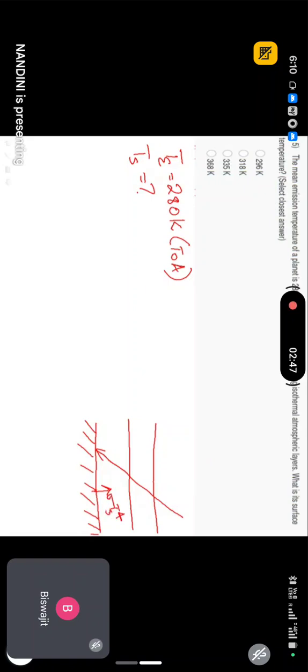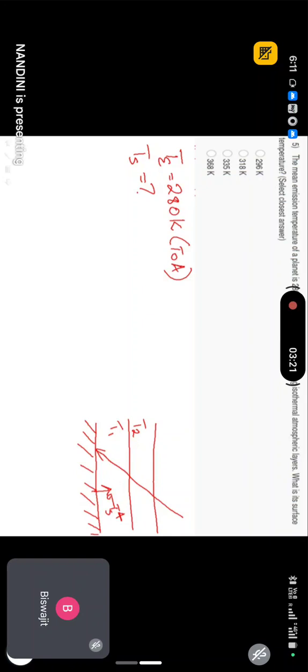So this is the radiation that is being emitted from the surface. Now we have two isothermal atmospheric layers. As I said in the last class, isothermal atmospheric layers means two layers, each isothermal within that particular layer, but having different temperatures. Within those layers the temperature is constant, but we have two layers with different temperatures. Let it be T1 and T2.